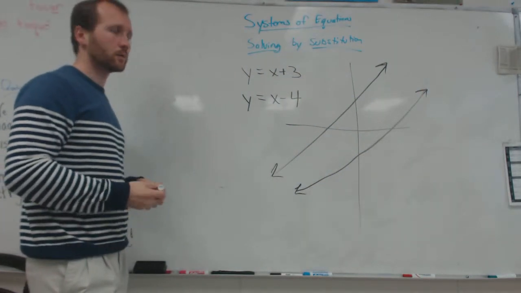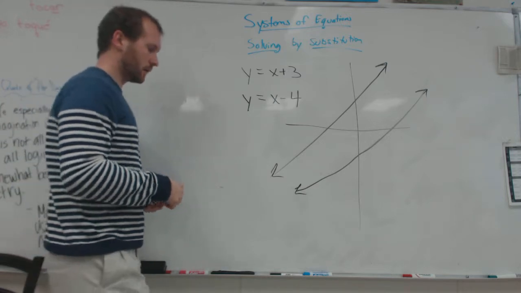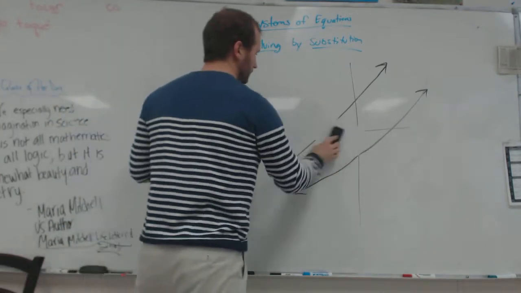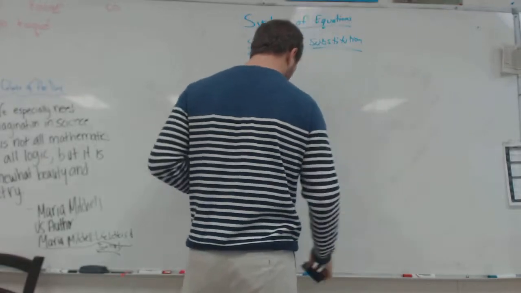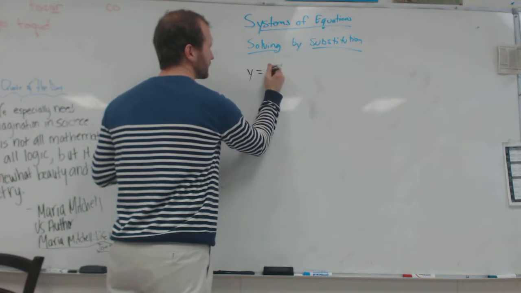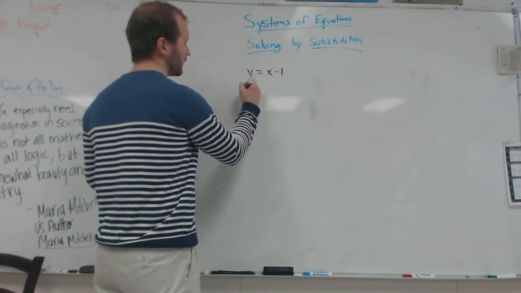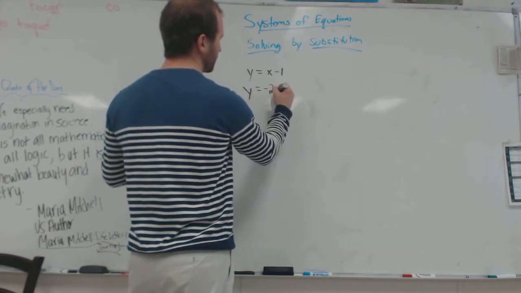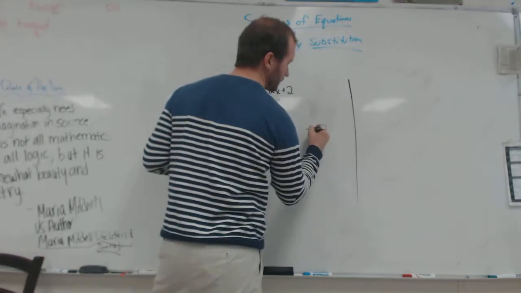Now, when we solve a system of equations, I'm going to show you exactly what we're looking for. Let's say we had the equation y equals x minus 1 and the equation y equals negative 2x plus 2. We could graph those.